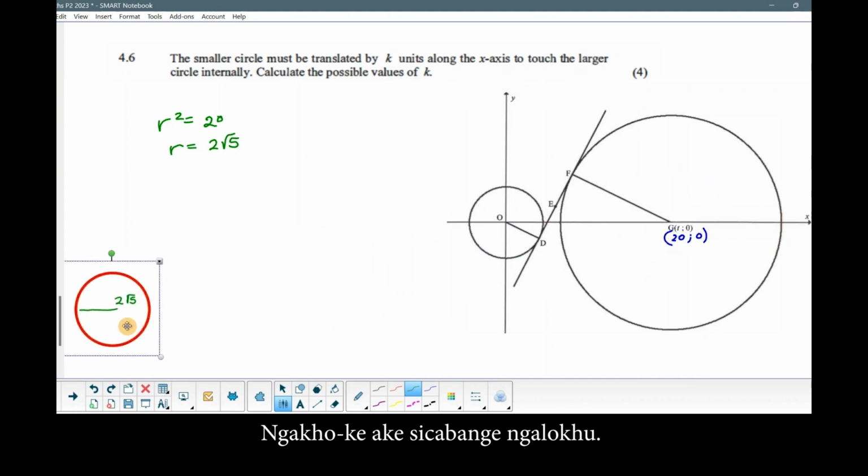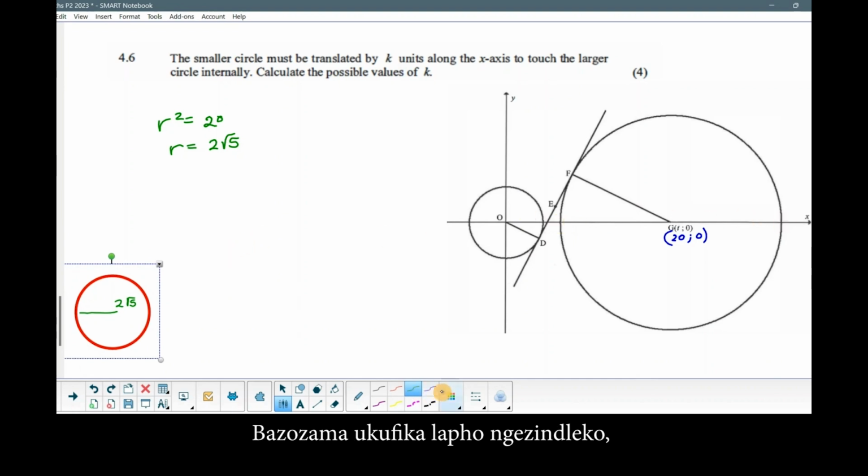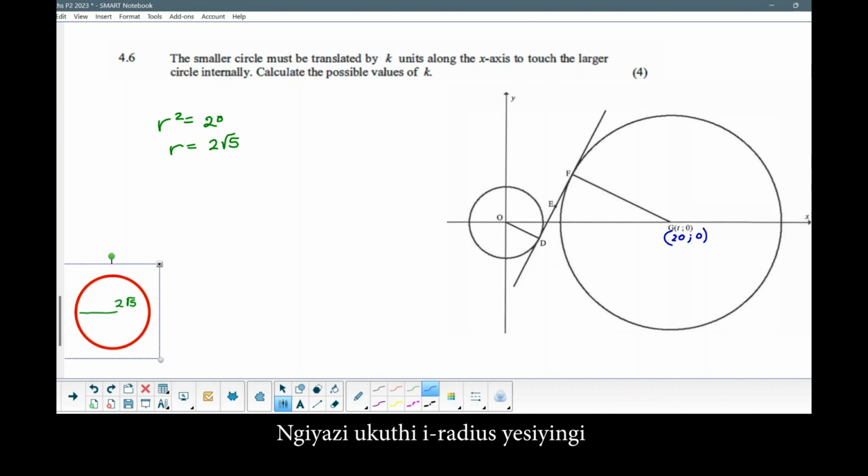So let's think about this. Now, I think important points are your two x-intercepts. I'm going to try and get there intuitively, but you could solve for x because you've got the equation of the big circle. I know that the radius of the circle here is the square root of 180, and the square root of 180 is 6 root 5. We worked it out in the previous question.